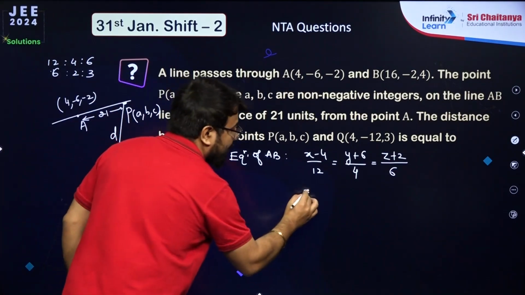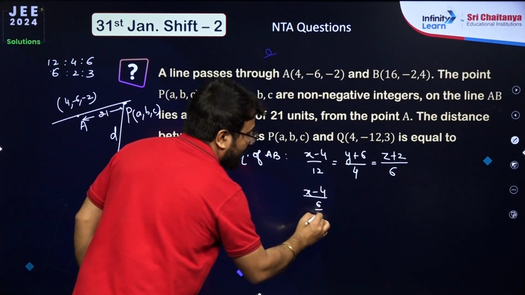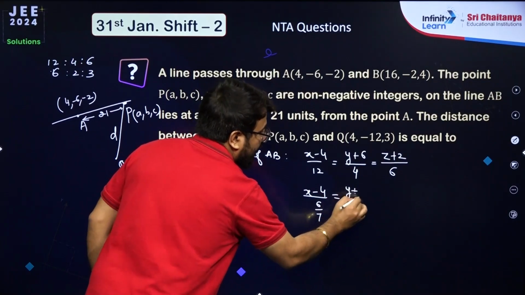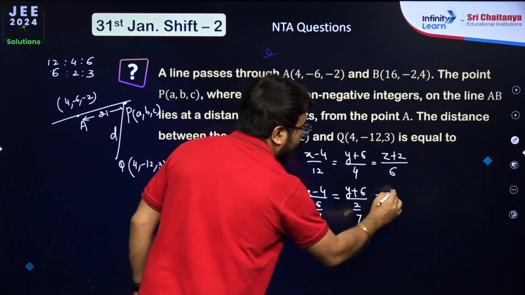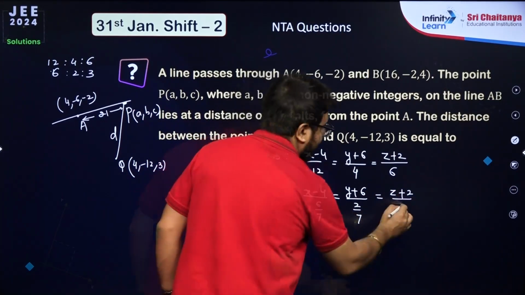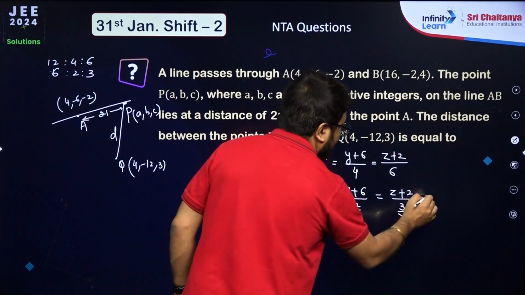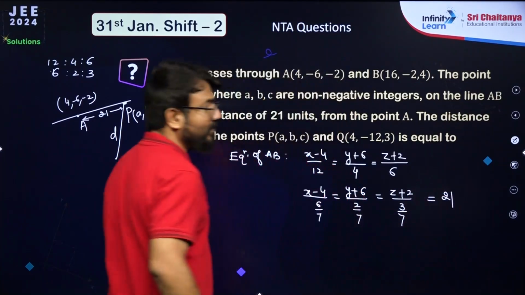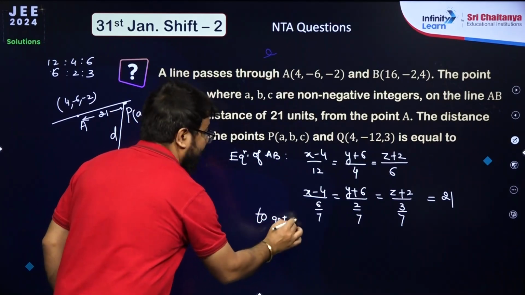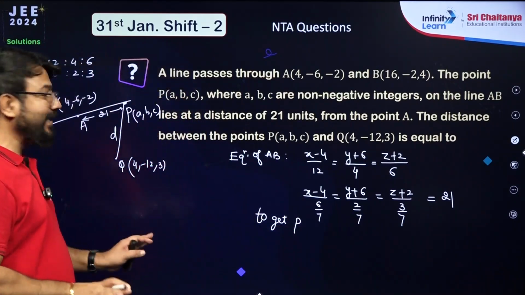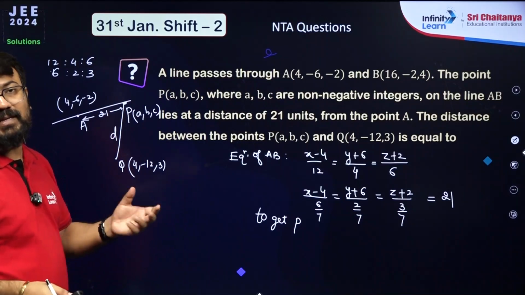So the direction cosines will be 6 upon 7, 2 upon 7 and 3 upon 7. And I am equating this to 21 to get the point P.